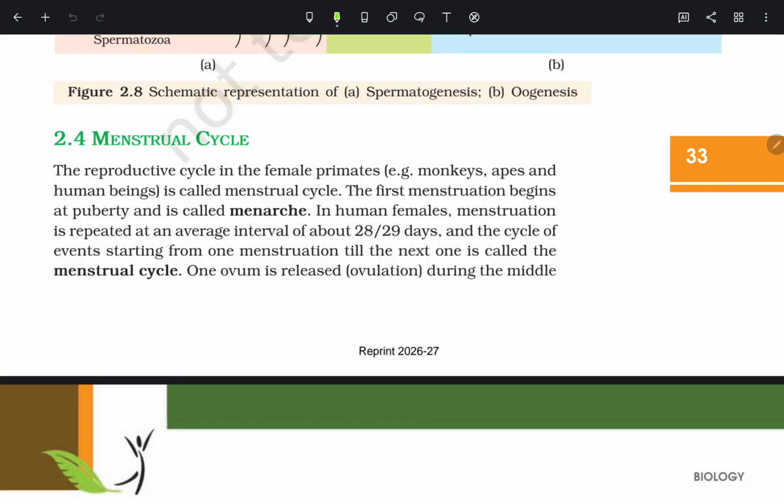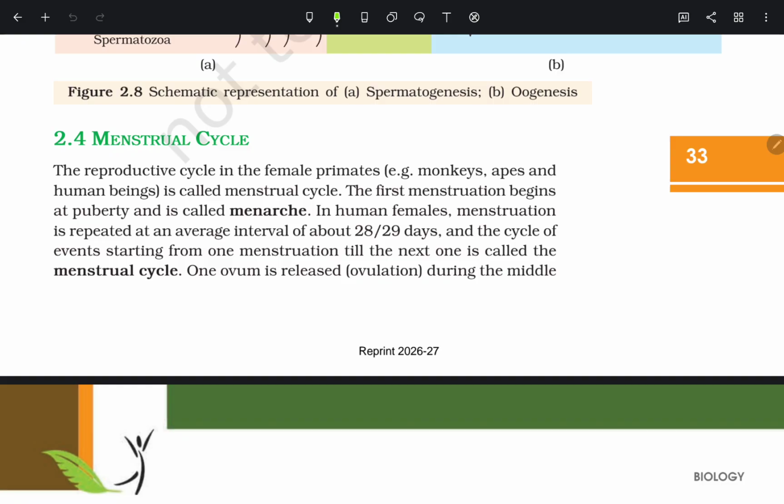Menstrual cycle. The reproductive cycle in the female primates, monkeys, apes, and human beings is called the menstrual cycle. The first menstruation begins at puberty and is called menarche.